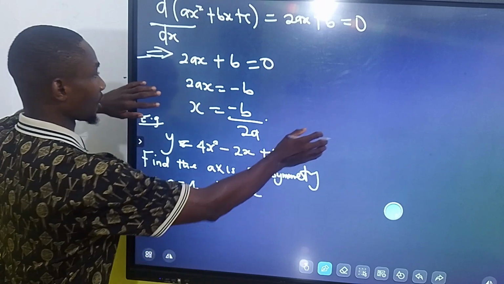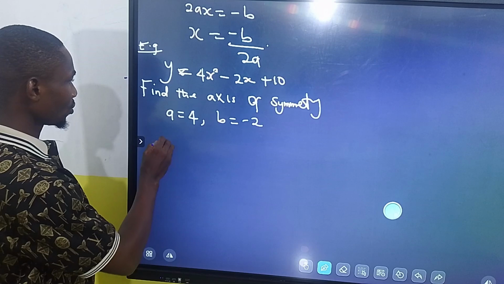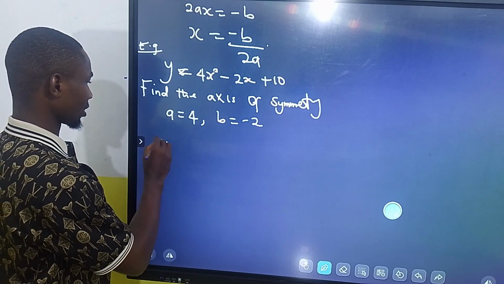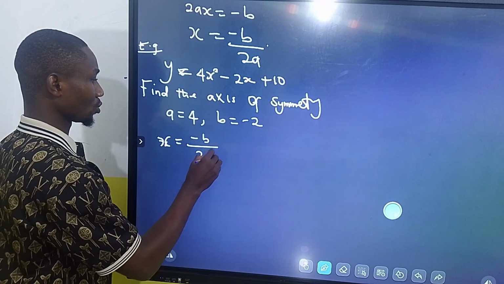So substituting in my formula, what do I have? Our x is equal to minus b over 2a.